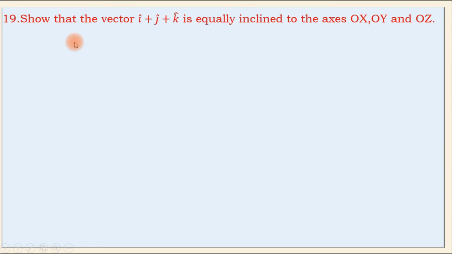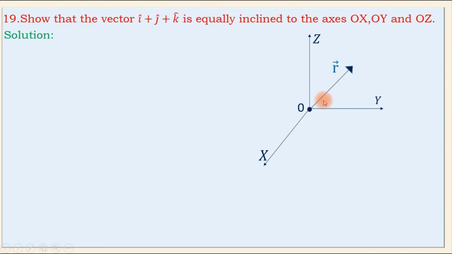Now problem number 19. Show that the vector i cap plus j cap plus k cap is equally inclined to the x-axis, y-axis and z-axis. So take the given vector as r vector, which is equally inclined to the coordinate axes x, y, z.